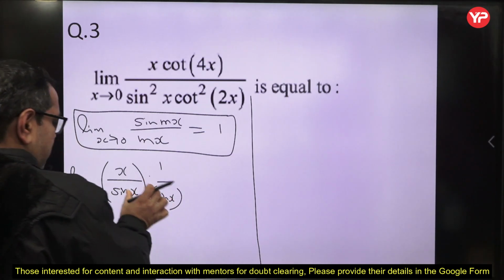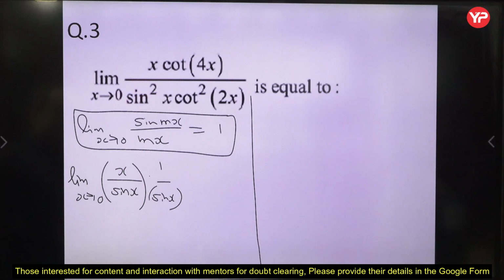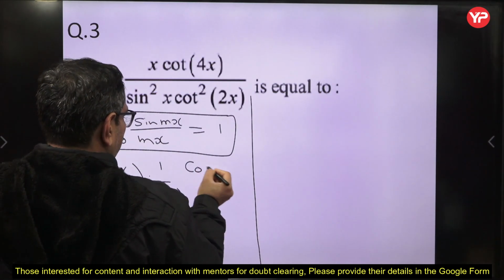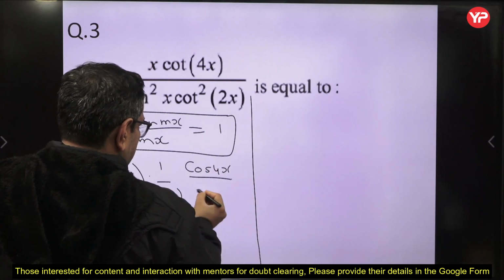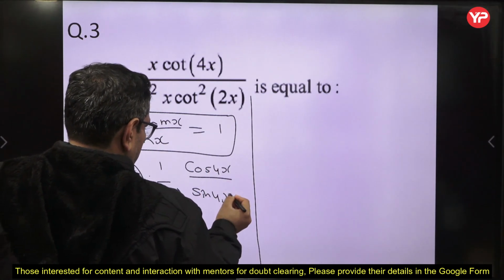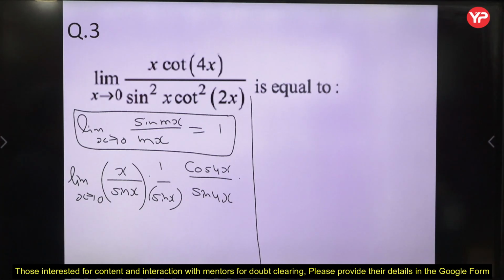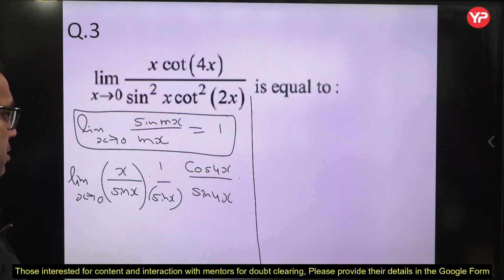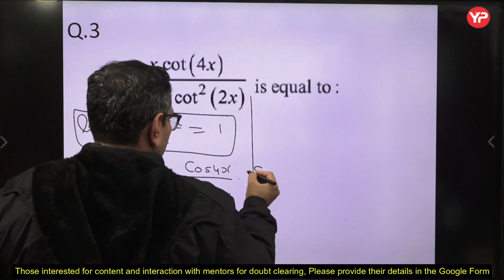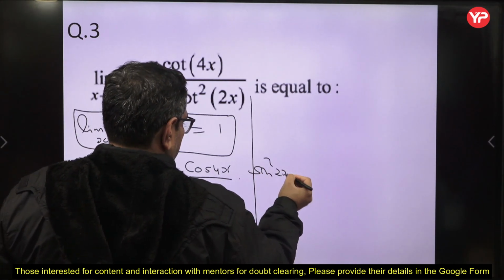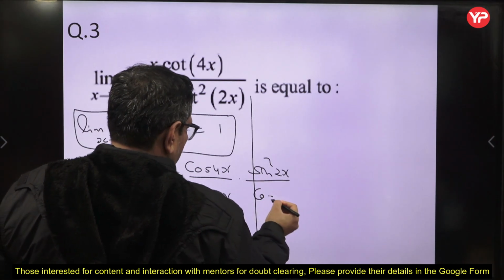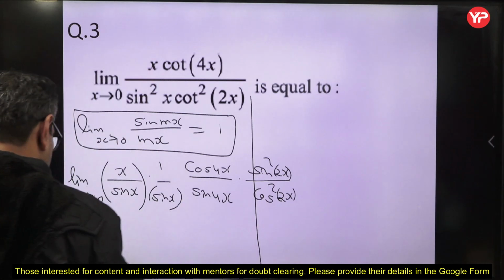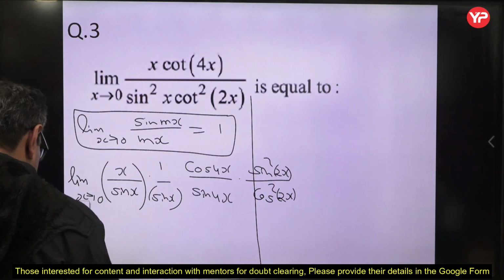This sin square x can be written as sin x into sin x, and then this cot 4x is nothing but cos 4x divided by sin 4x, multiplied by, now we are having 1 upon cot square 2x, so it is tan square 2x, which is nothing but sin square 2x divided by cos square 2x, right? So let me remove this line from here.